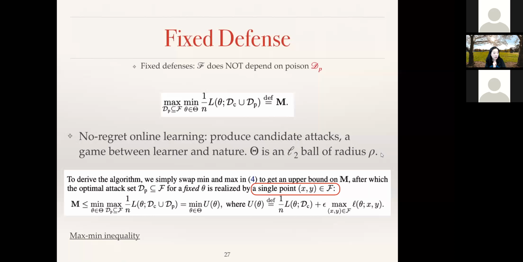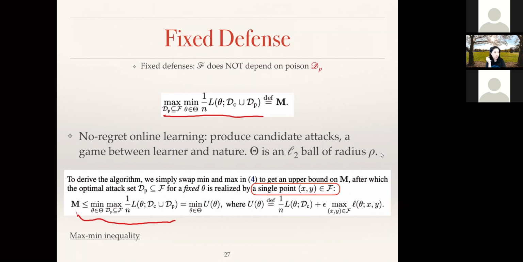How do you do that? You first get this step. How do you get from here to here? Why is it smaller than or equal to? This is related to the max-min inequality.